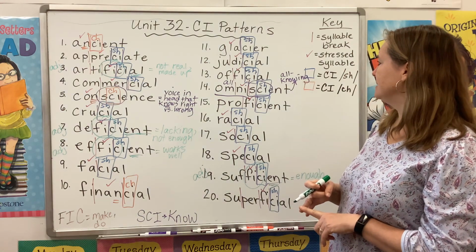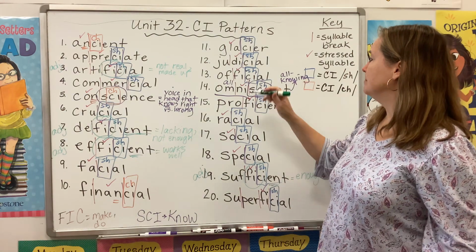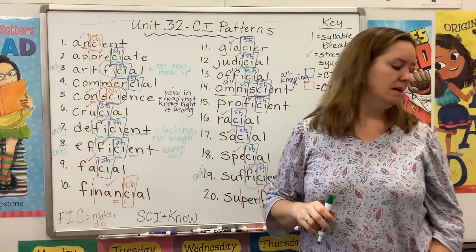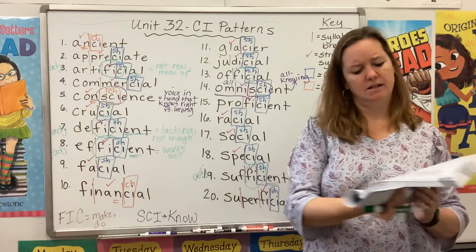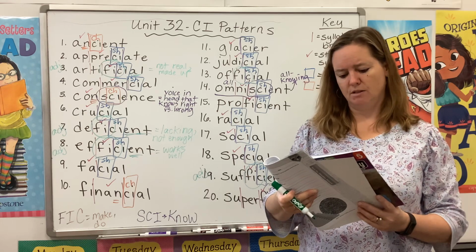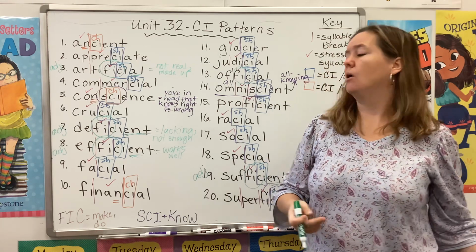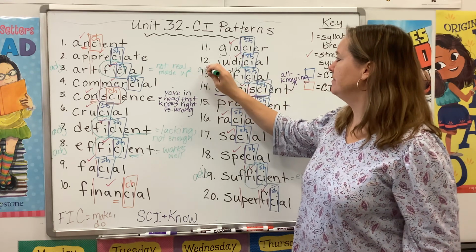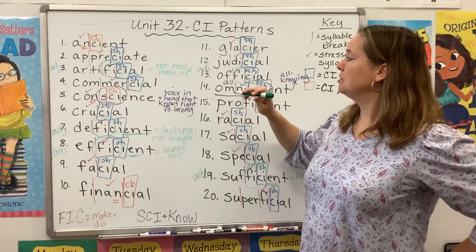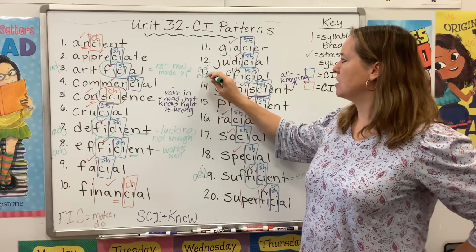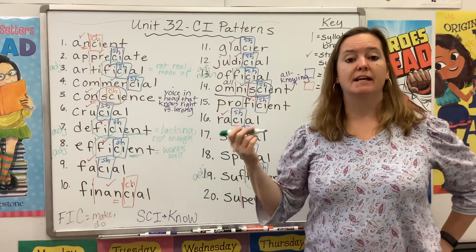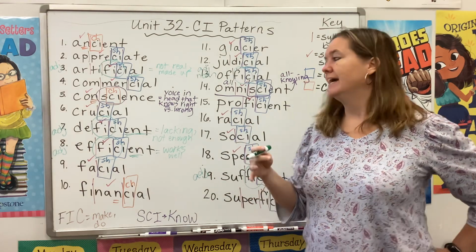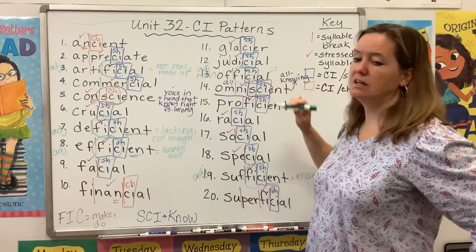Okay, do we see this anywhere else? There it is in official. Okay, do we have official on here? No, we don't, but that's okay. So if something's official, again, it can be used as an adjective. It can also be used as a noun if we're talking about a person like a government official, right? So an official is someone who does the work of the government.